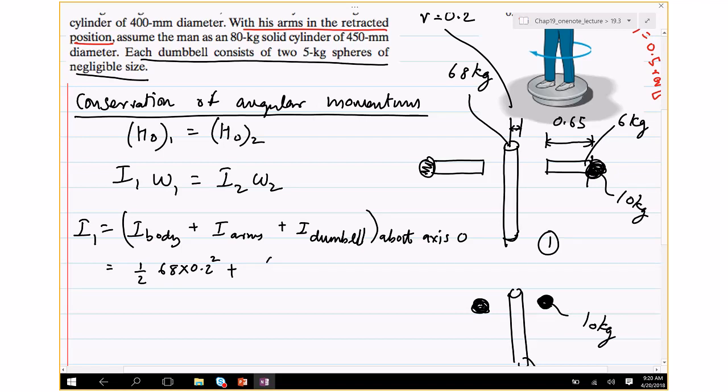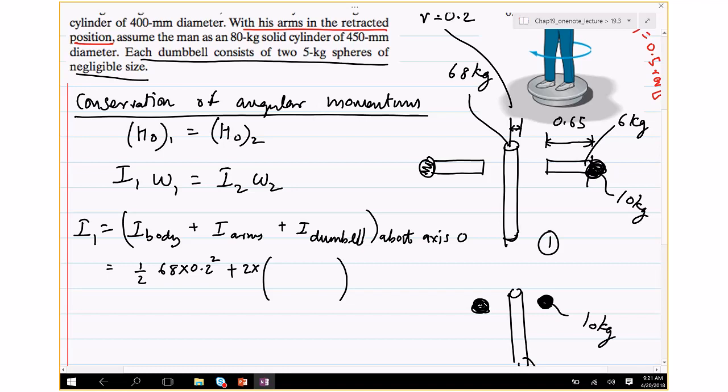So I need to write the inertia of the arms. I just multiply it with 2 because there are 2 arms. So the inertia of the arm is a cylinder, but for the body, the cylinder was facing this way, and so the axis was that. For the arms, the cylinder is this way, and we need to find inertia about this axis. So it's different, right? Inertia about this axis is not half mr squared.